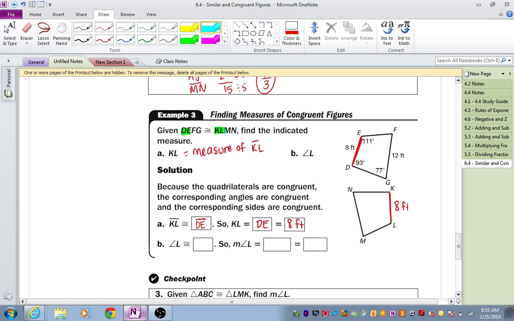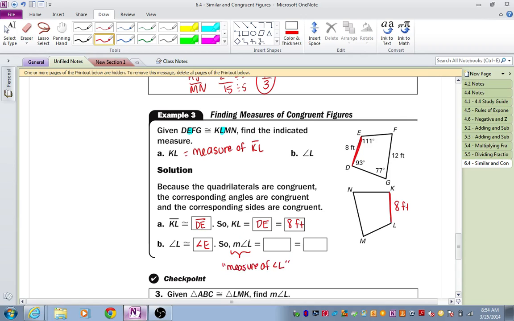Okay, angle L matches up with angle E. So angle L is congruent to angle E. And this here means measure of angle L. You might want to write that down.